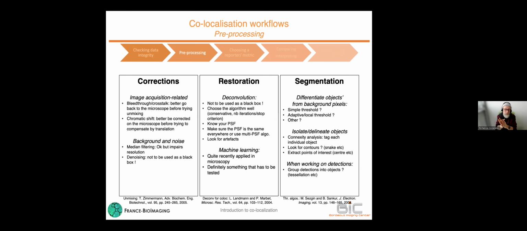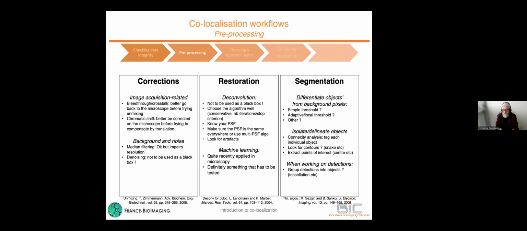Finally, a crucial point in pre-processing is being able to differentiate the pixels belonging to the background from pixels belonging to the object, so that you group the pixels belonging to the object into objects that later on you will be able to analyze.